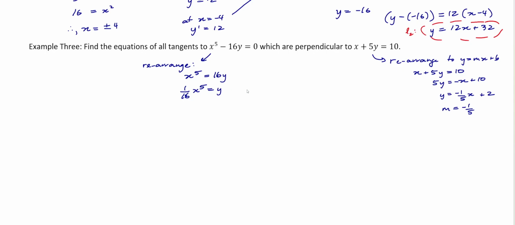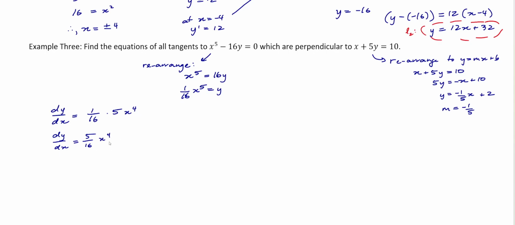Okay, so what I'm going to do is take the first derivative here, so I'm going to find dy dx. And I get 1 over 16 times 5 x to the power of 4, so dy dx is equal to 5 over 16 x to the power of 4.